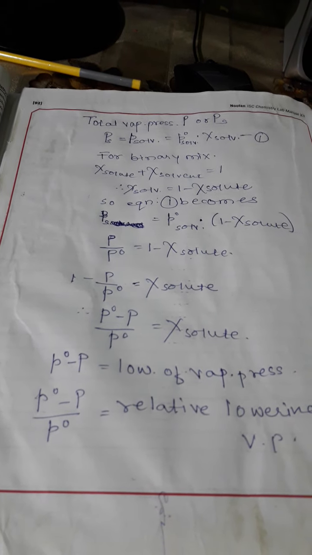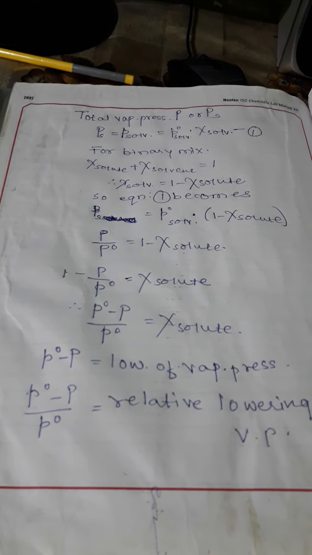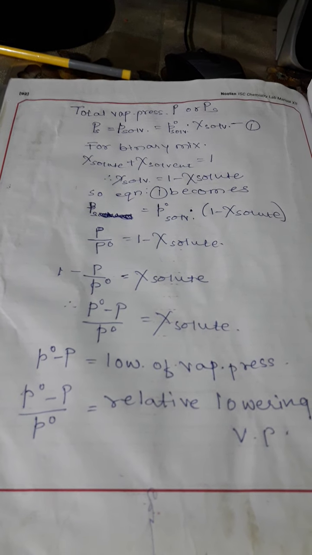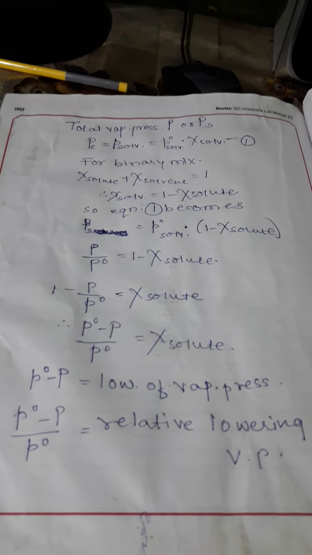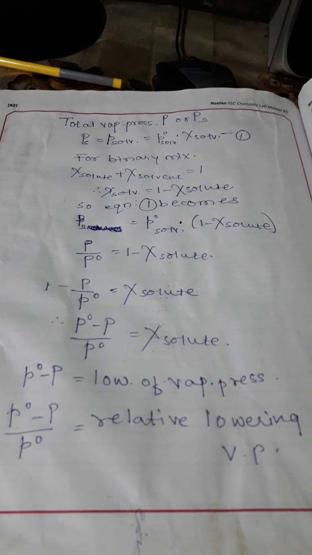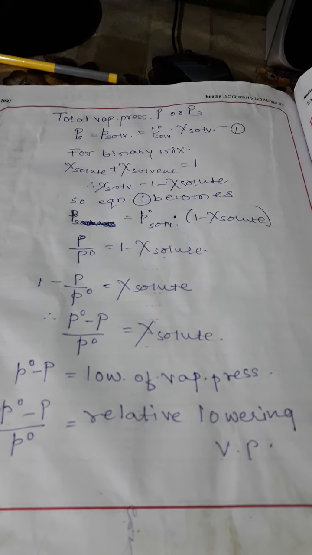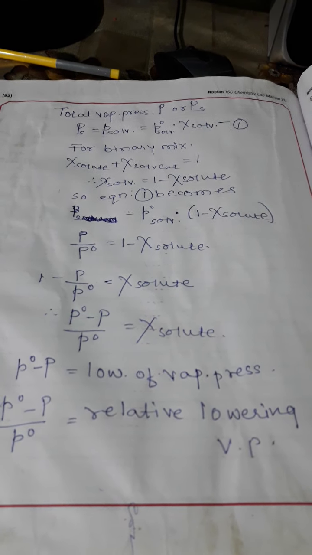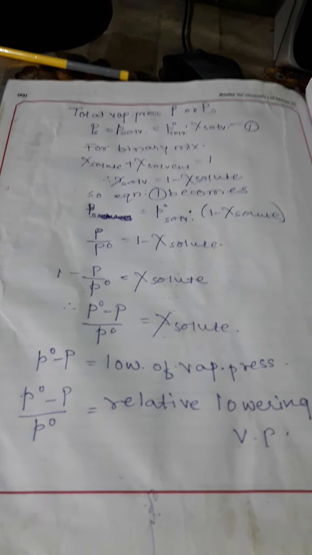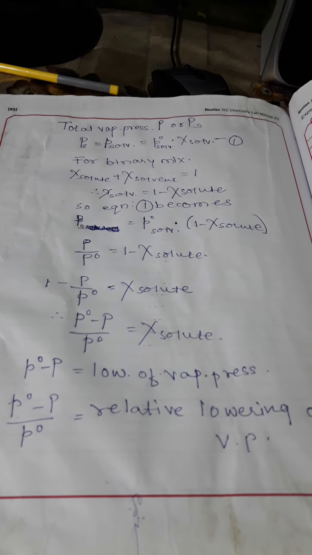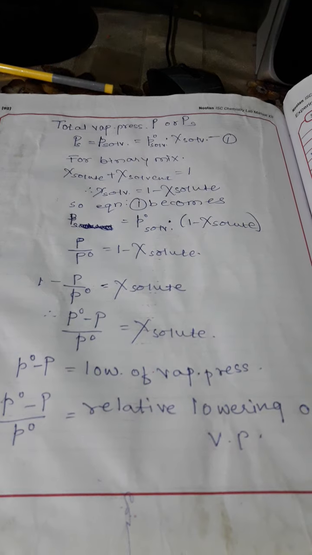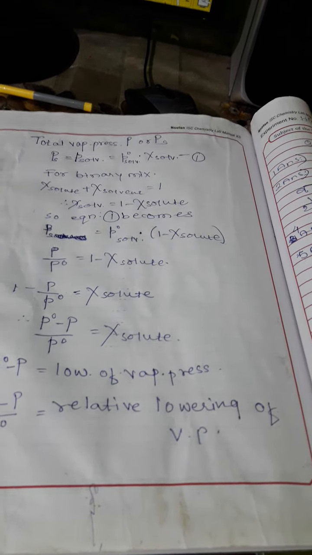So, P naught minus P is the lowering of vapor pressure, where P naught is nothing but the partial vapor pressure of the solvent in the pure state and capital P is the vapor pressure of the solution. You can use PS also. P naught minus P upon P naught, or P naught minus PS upon P naught, is the relative lowering of vapor pressure.